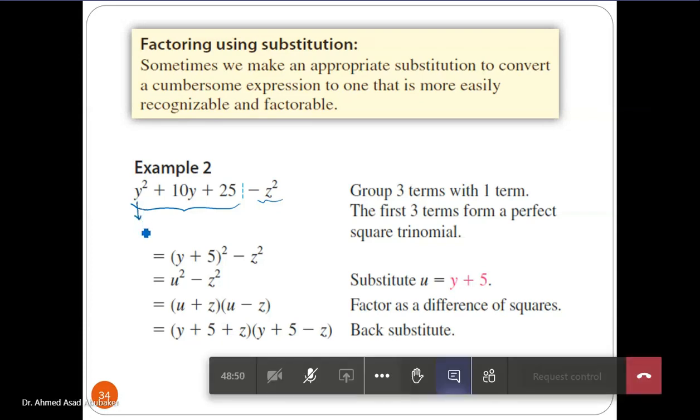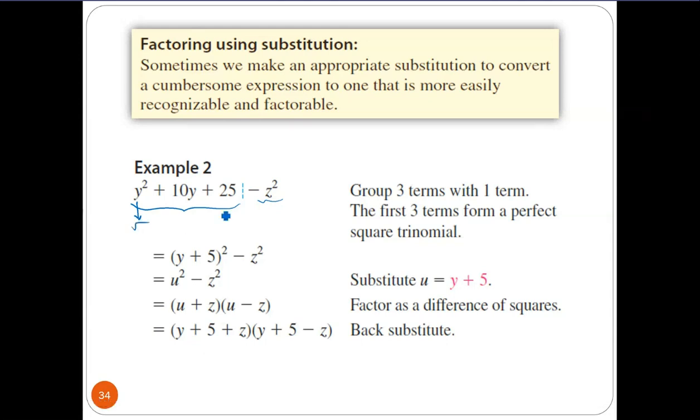Look at this. If we take the square root here and here, we have y and 5. Y and 5 multiplied by 2, so we have 10y, which is the second term. So this is a perfect square. So we have y plus 5 squared, minus z squared.